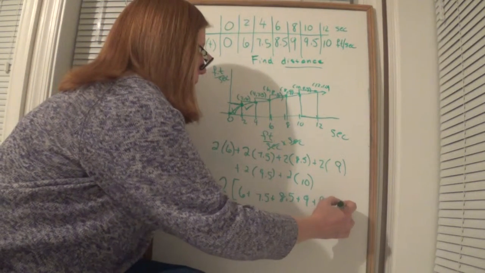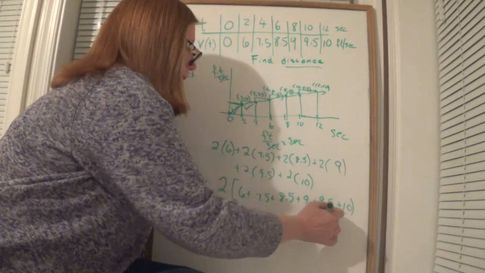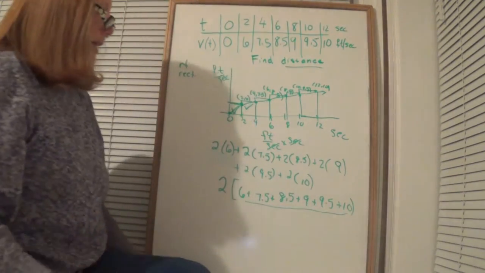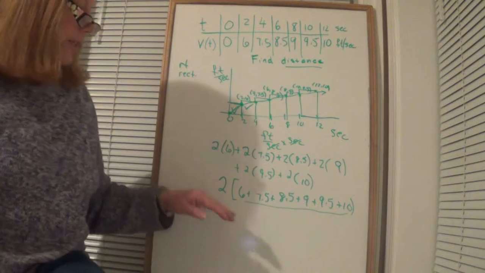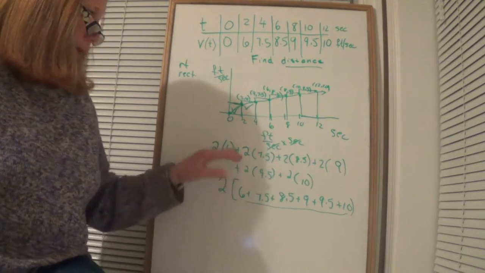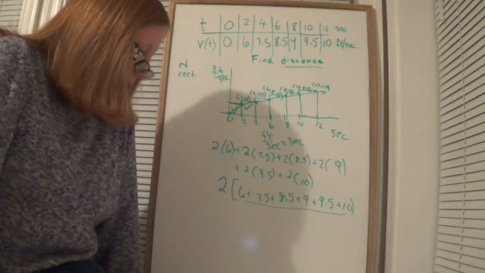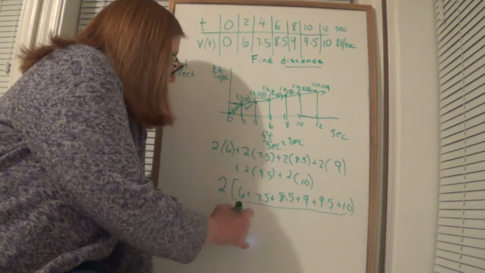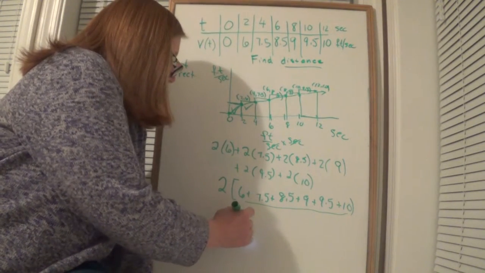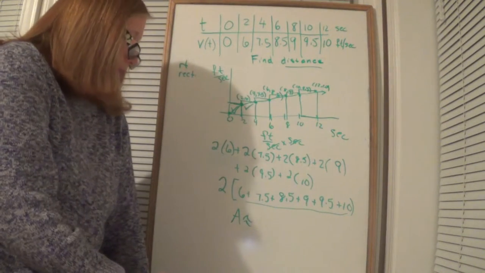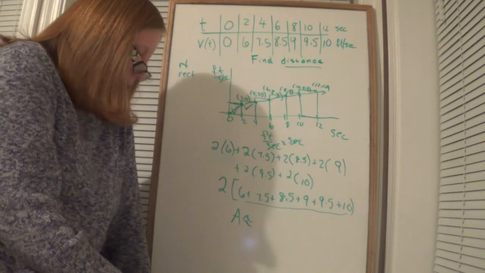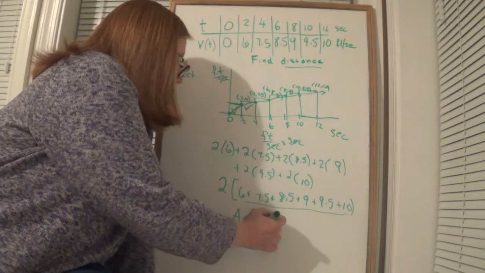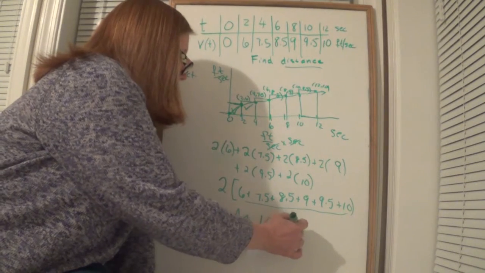If there's a 2 in every one of those, I add up all of these and then multiply the entire sum by 2. It gets me this sum a little more quickly. When I did that, I got an area of approximately, and this area happens to be distance, 101 feet. Did you get that as well?